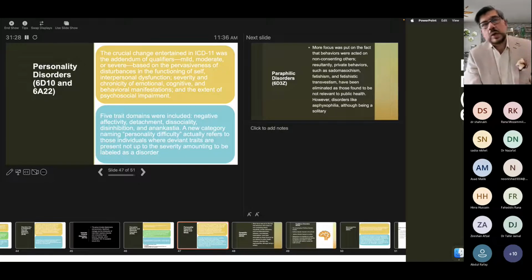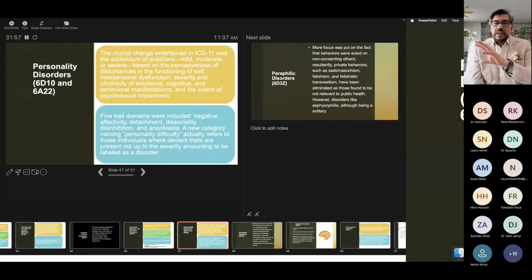Previously, long time back, when I started practicing psychiatry, the personality disorders were not considered as main psychiatric morbidity. Then when I started off, my mentor, Professor Malik Mubashir Saab, started saying that personality disorders are abnormal phenomena which need to be considered as part of the disease process because they can disrupt the person's life and other people's life as well.